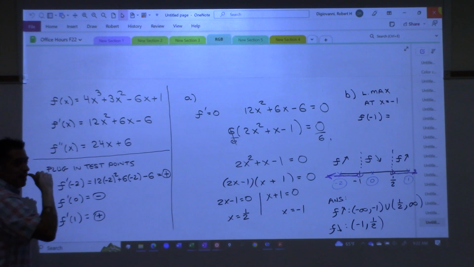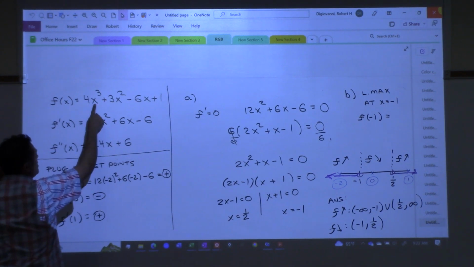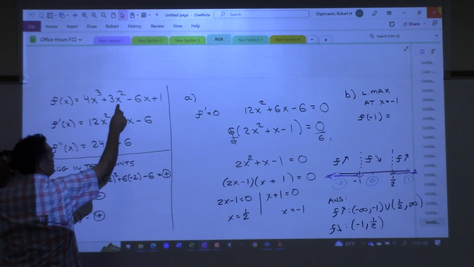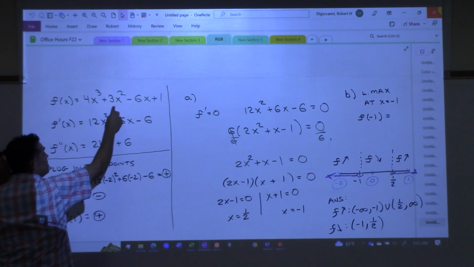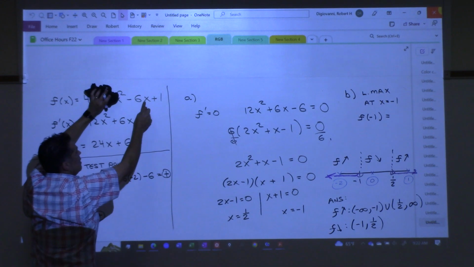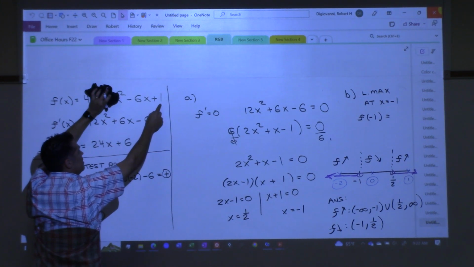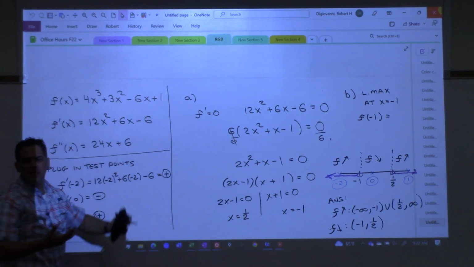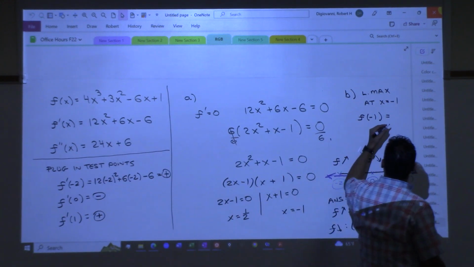Let's see, can we do it mentally? -1 here gives me a -4. -1 here gives me 3. So -4 plus 3 is -1 so far. I have -1 here, and then -6 is +6, and then +1. I think it comes out to be 6. Put it all in there, you should get 6.